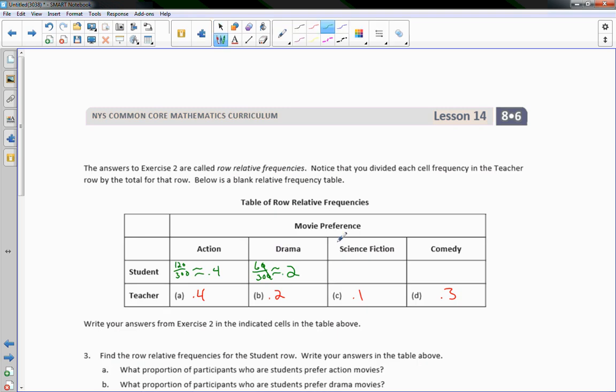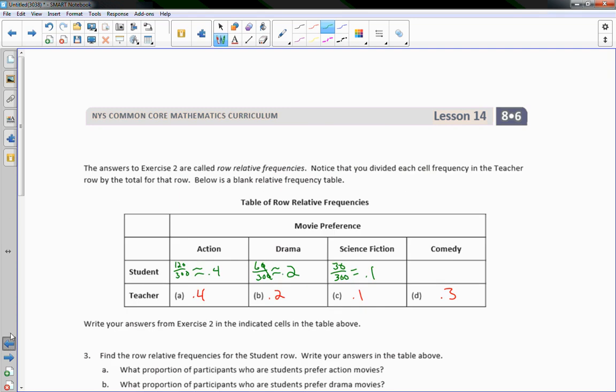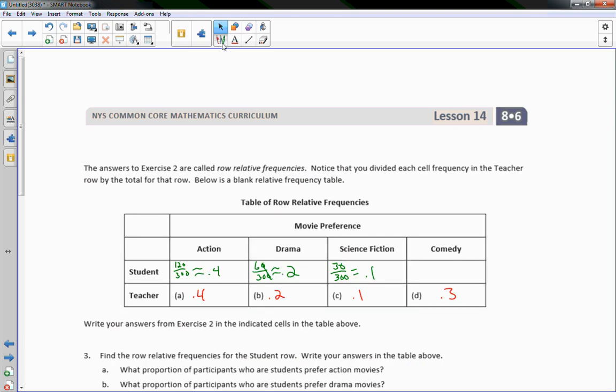So 30 out of 300 is 3 out of 30, or 1 out of 10, which is 10%, or 0.10. And then finally, the last one is comedy. Comedy was 90 out of 300. So that's going to be 90 over 300, which is 9 over 30, which is 3 over 10, which is approximately 0.3.